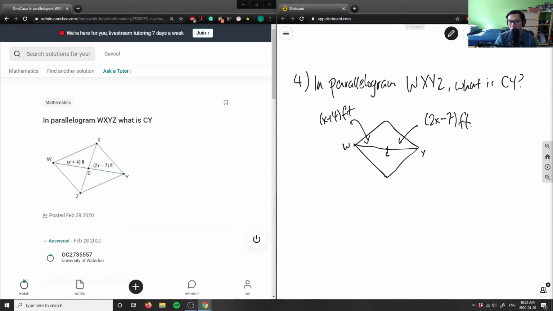So remember, in parallelograms the opposite sides are parallel, and opposite sides are also congruent, so they have equal length as well. The diagonals also bisect each other at this point here, at C. So how would we solve for this problem?